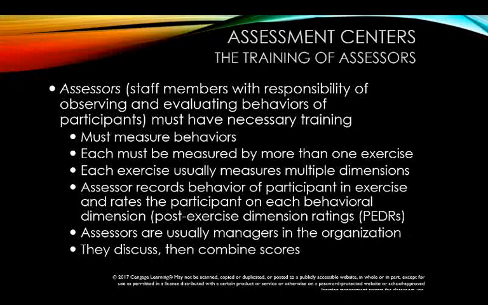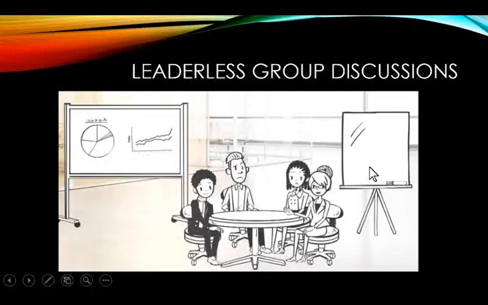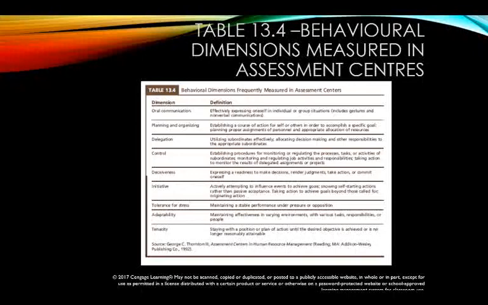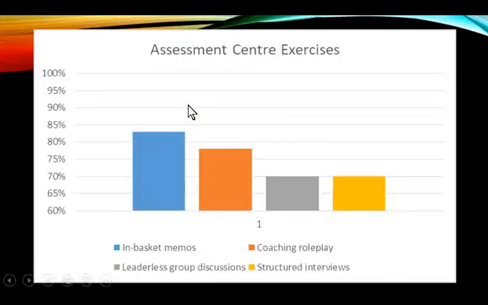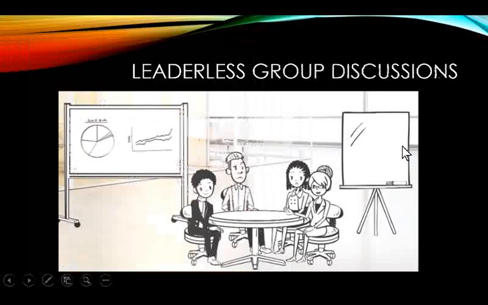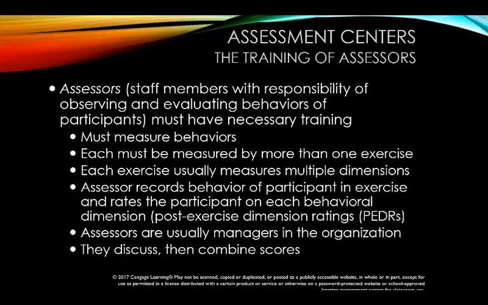Now, the behaviors are meant to be measured by more than one exercise. This is critical, class. If you are trying to work out oral communication skills, you'd be doing that through a mix of how people do in role plays, group discussions, interviews, presentations, etc. So each KSAO is measured by multiple exercises.